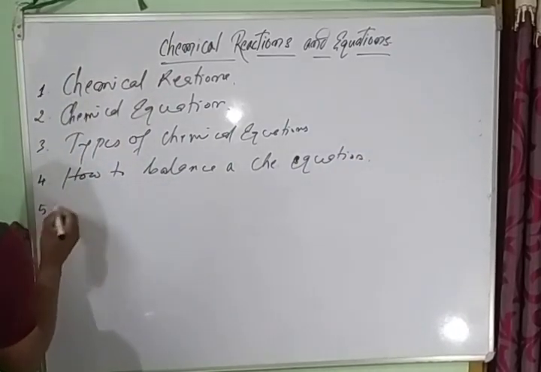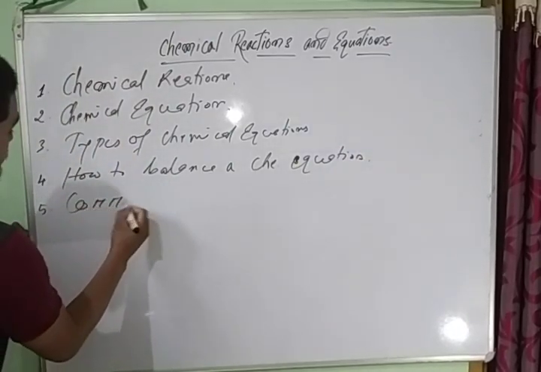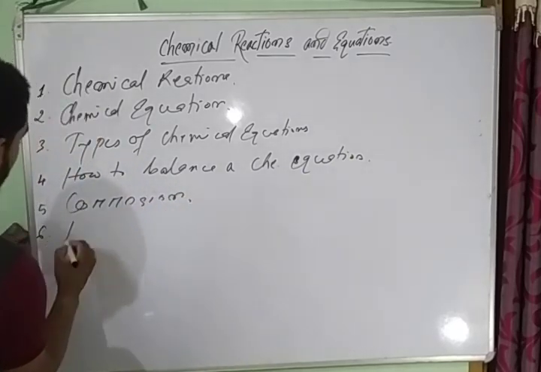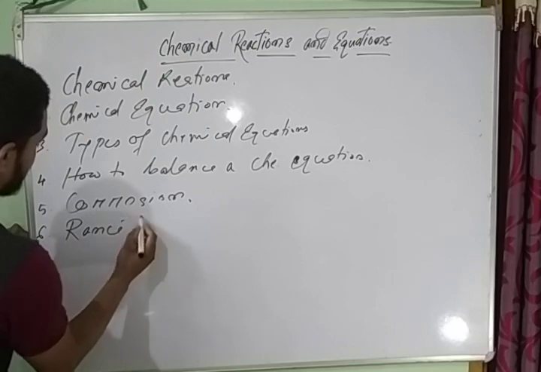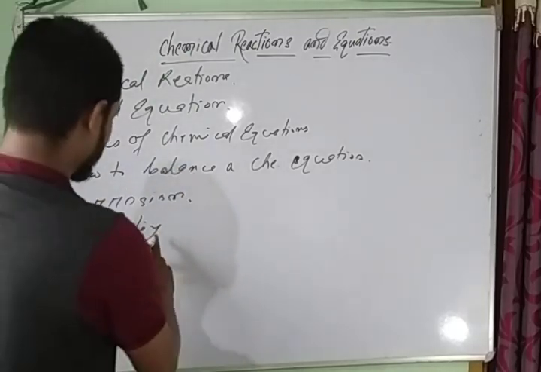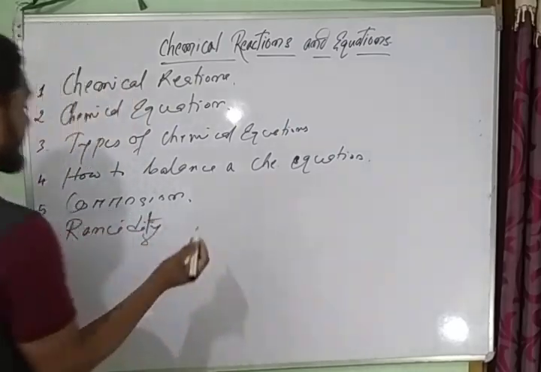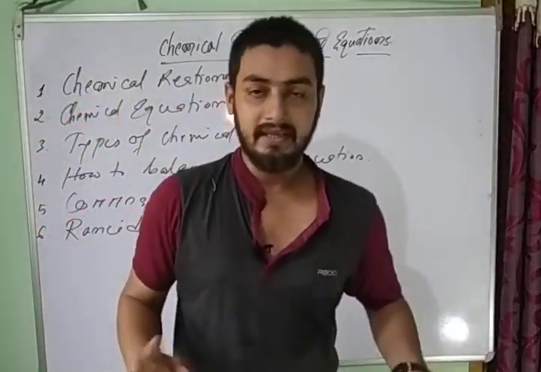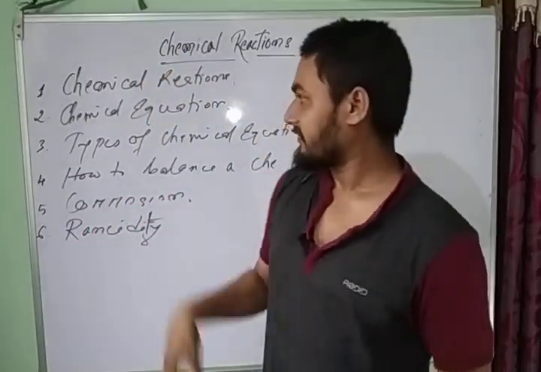And after that we will study corrosion, and lastly rancidity. So these are the topics that we have to learn in this video. Okay, let's start from the first one.